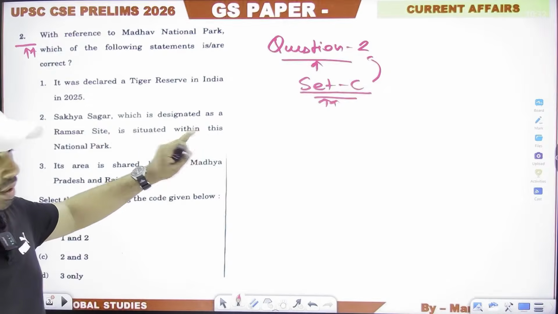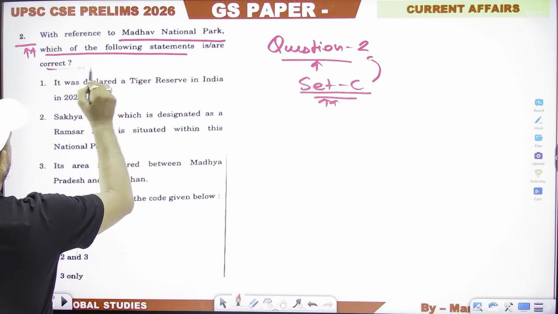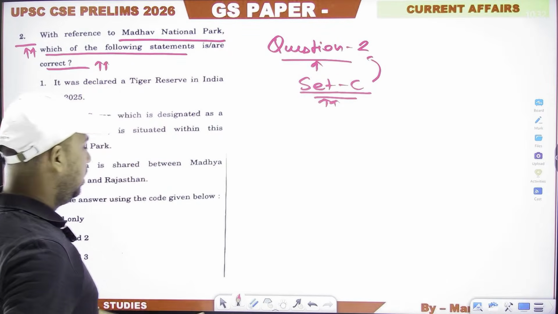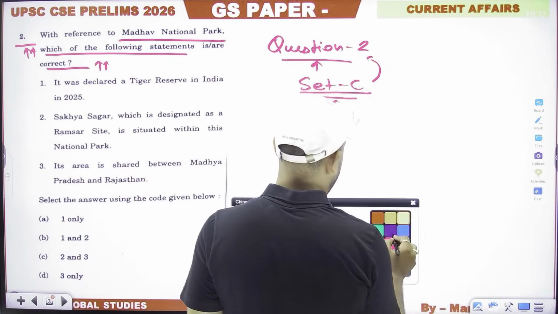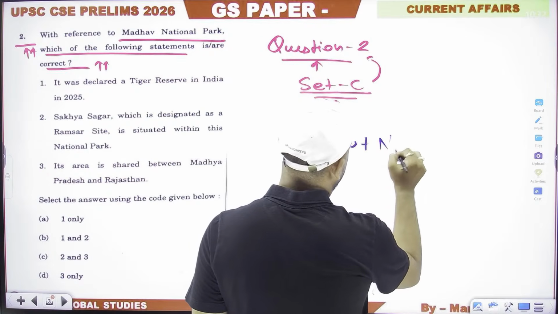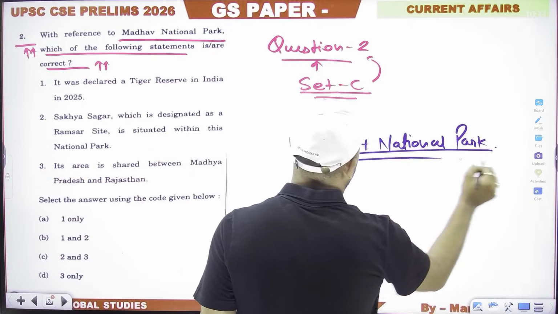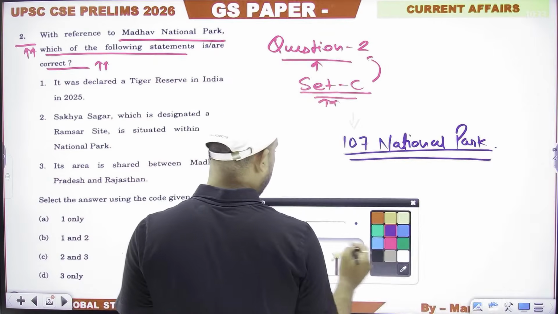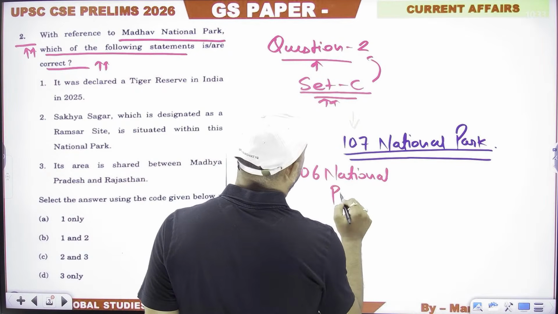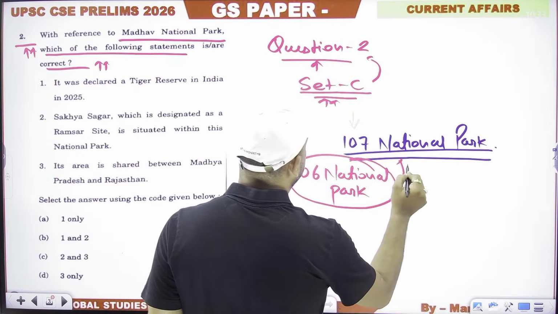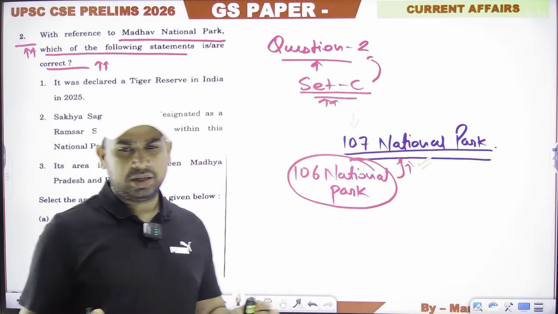In this question, it is asking with reference to Madhav National Park, one of the important national parks in Madhya Pradesh. Right now, we are moving towards 107 national parks in India. As you know, 106 national parks were already present in India, and the Odisha government notified Simlipal as the 107th national park.